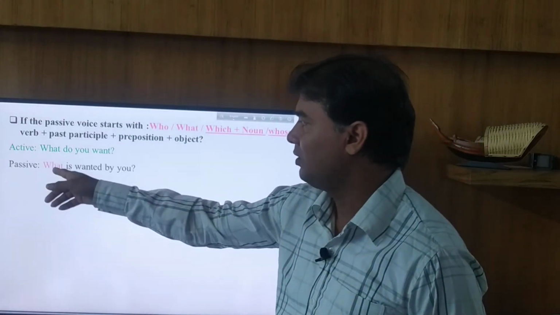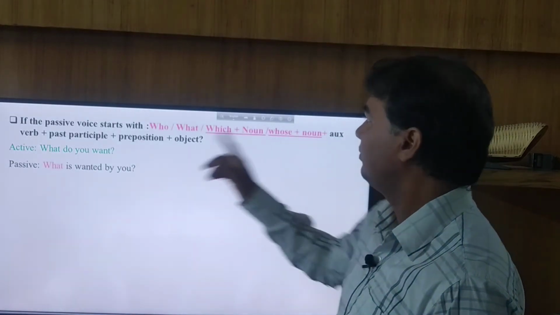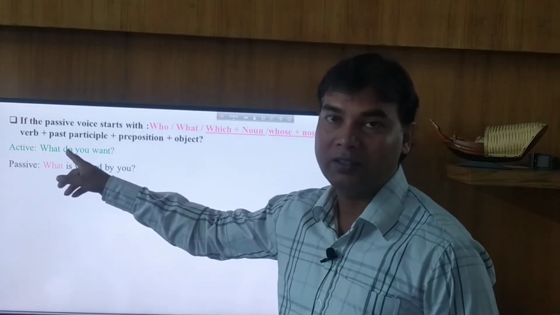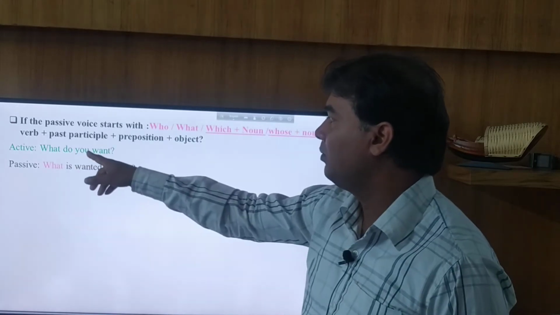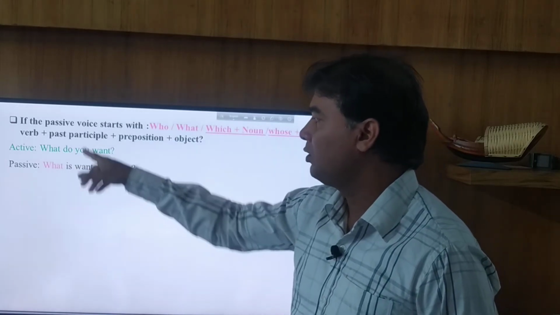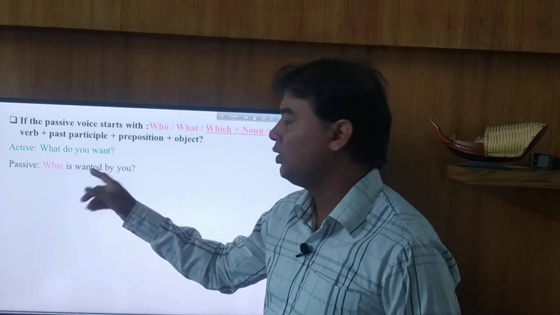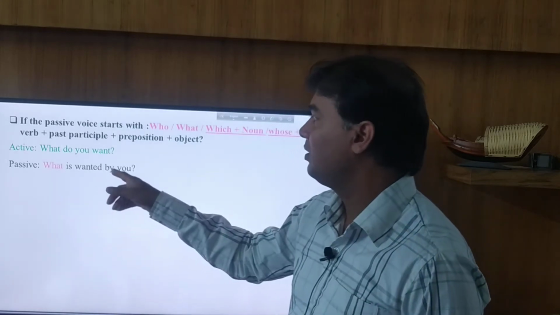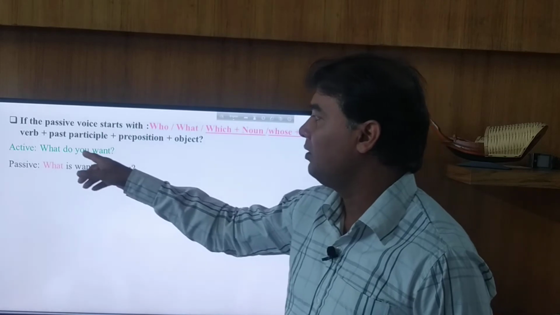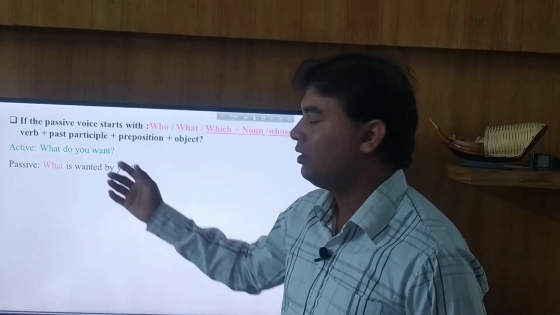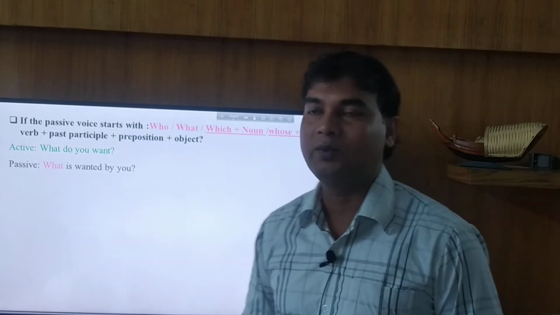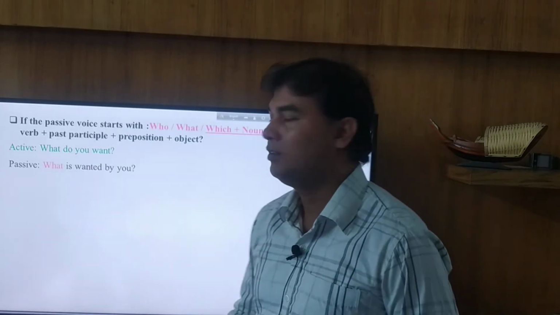Then the auxiliary verb: the sentence is in present tense, so it is what is. Then the past participle of the main verb, here the main verb is want, so the past participle is wanted. What is wanted, then the preposition by, and then the object, here you, and the objective case of you is also you. What is wanted by you?